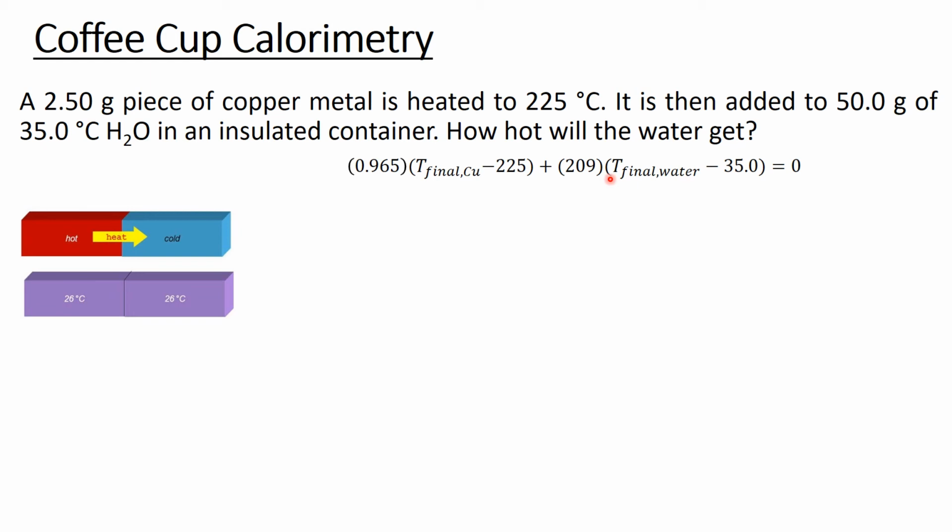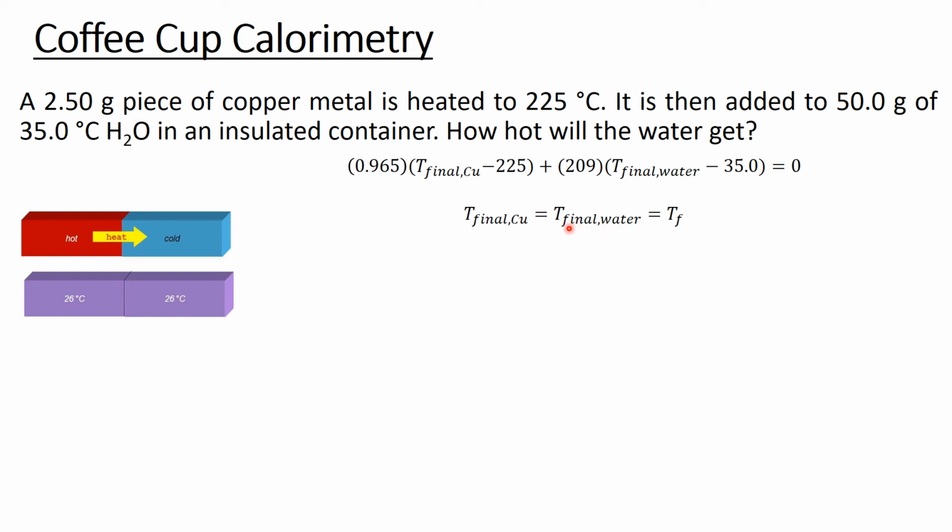So wouldn't it be nice if we could get rid of one of these variables? Well, as a matter of fact, we can get rid of one of these variables using the concept of thermal equilibrium I told you about earlier. So remember, thermal equilibrium says that if I have a hot object and I have a cold object, the hot object is going to transfer heat to the cold object until they both reach the same temperature, right? Okay, so if that's true, then the final temperature of the copper is going to equal the final temperature of the water.